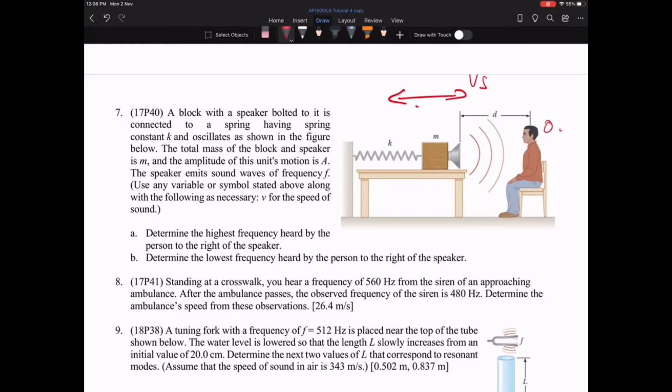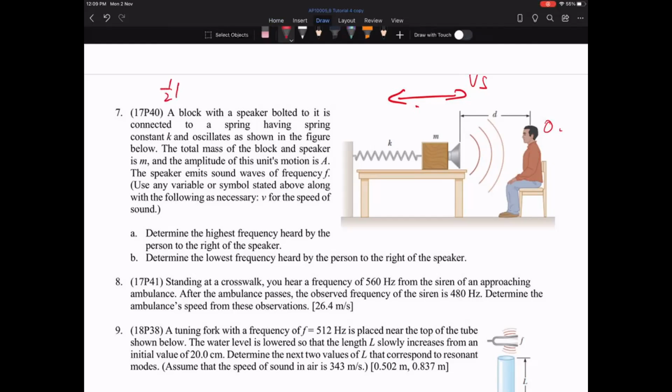Now, let us take a look at the question. First, you would be asked to determine the highest frequency heard by the person to the right of the speaker. We would first determine the maximum speed of the loudspeaker. The maximum speed of the loudspeaker can be determined by the conservation of energy because it is a simple harmonic motion.